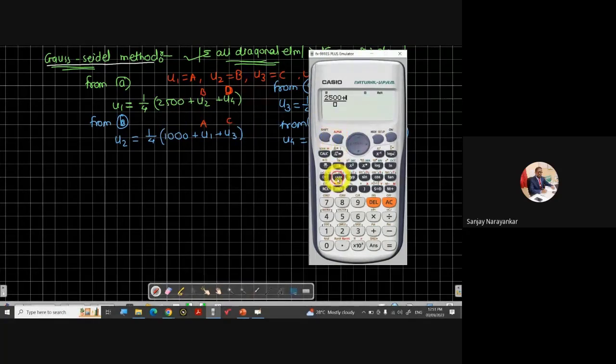Alpha B, right? Plus alpha D over 4. So this is the equation for U1. Then you substitute the values of B, D, and you'll get the answer.